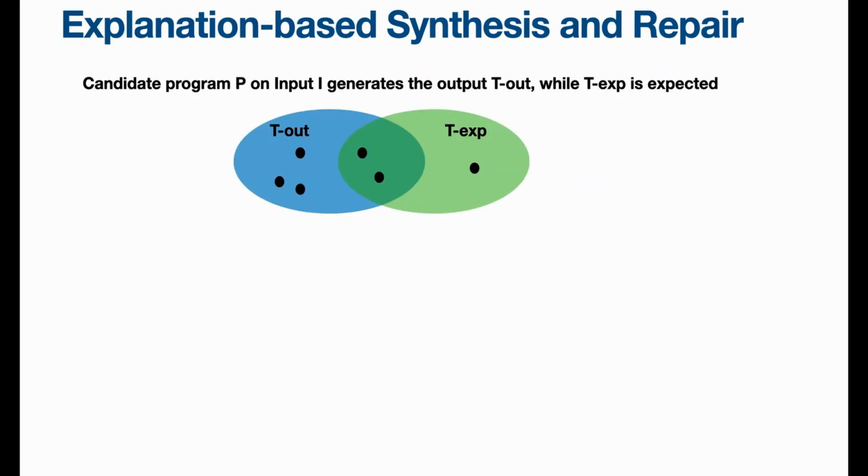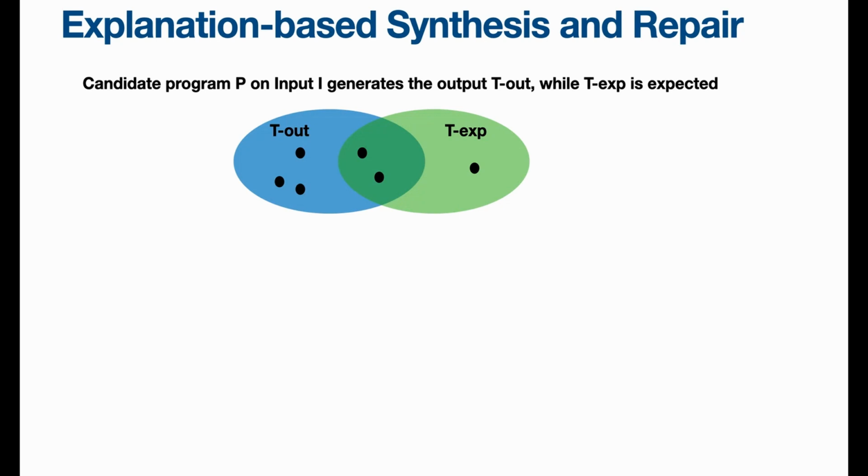The overall setting is something like this. The main idea is that once you know something doesn't work, once you know that your program is committing a mistake, the core idea is to look deep into what the issue is.